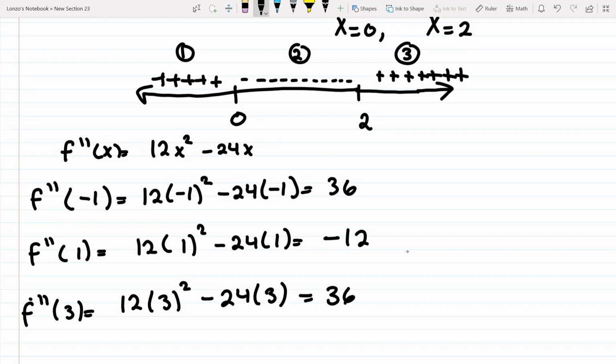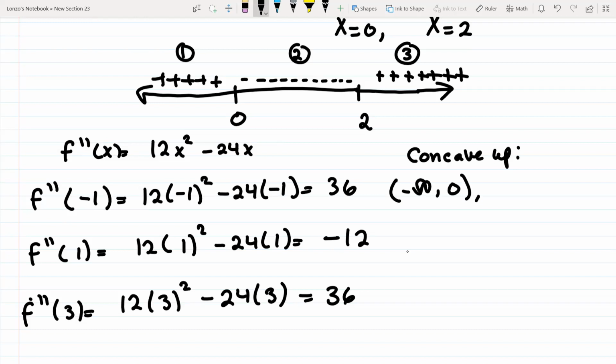Okay, so now if you look at our sign chart, where is it concave up? It's concave up wherever there's a positive sign. So it's going to be from the interval -infinity to 0.